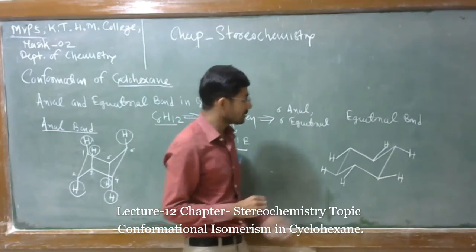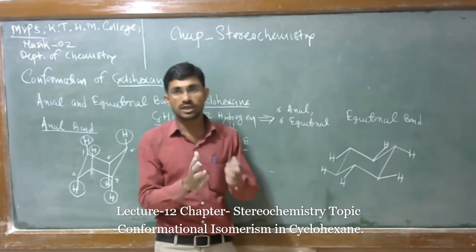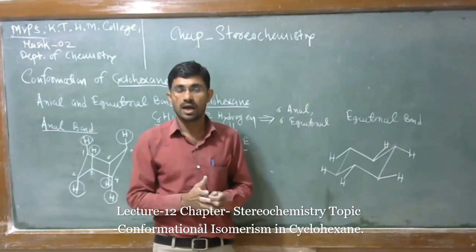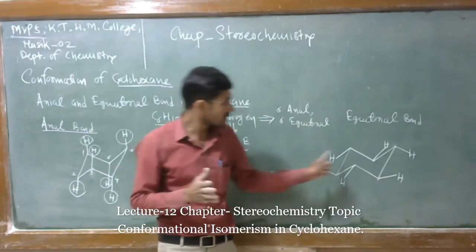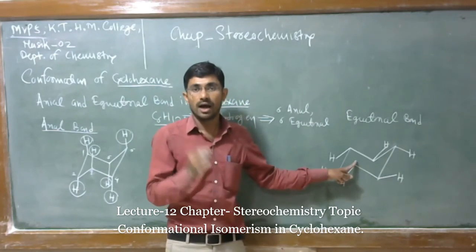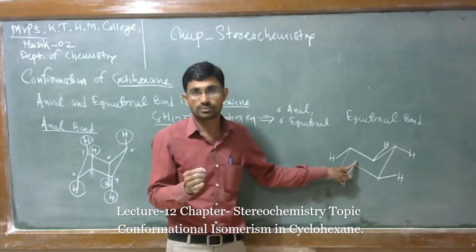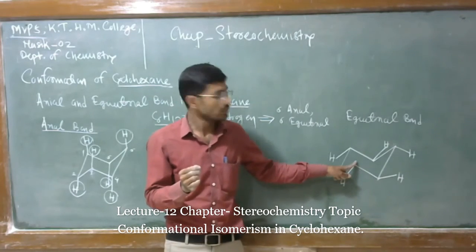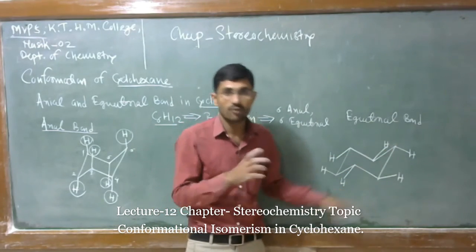We can observe that these 6 equatorial bonds project outwards and are parallel to the average plane of the ring.